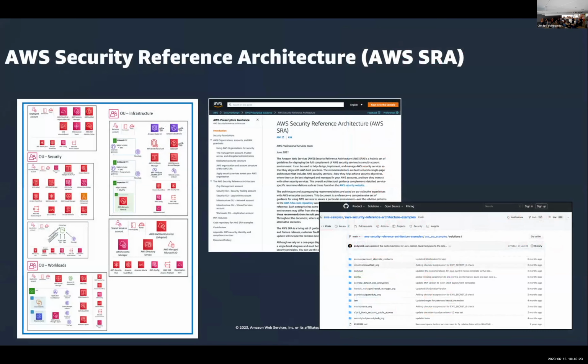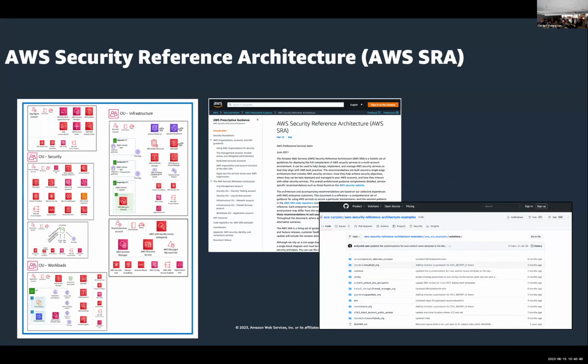So AWS SRA, what is it? It's simply a holistic set of guidelines for deploying the full complement of AWS security services in a multi-account environment. This can be quite useful when it comes to designing, implementing, and even managing your different AWS security services while making sure they align with the recommended best practices.